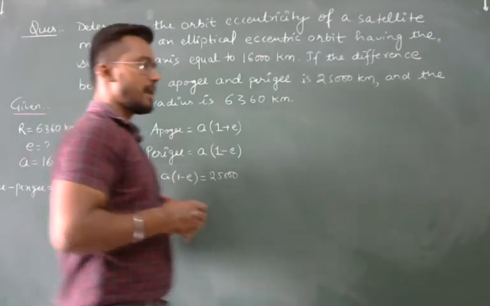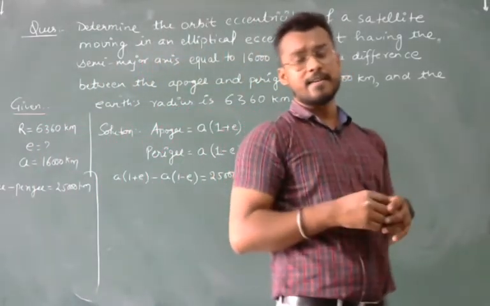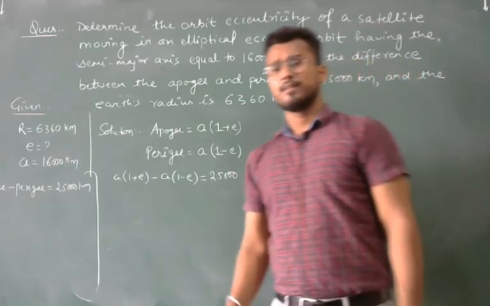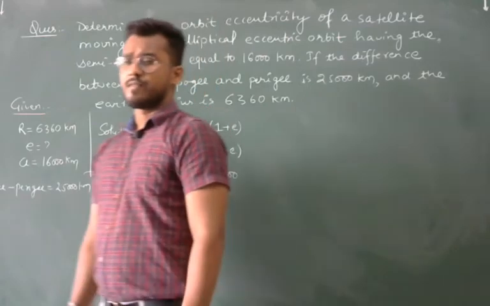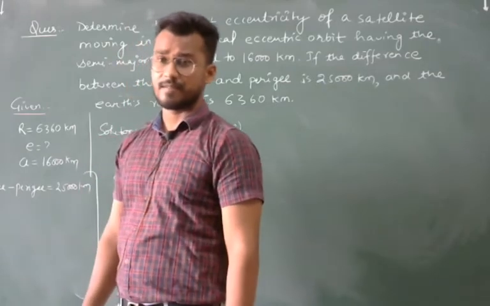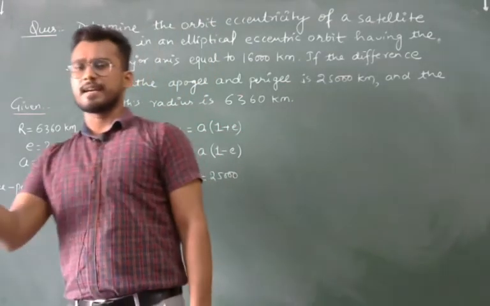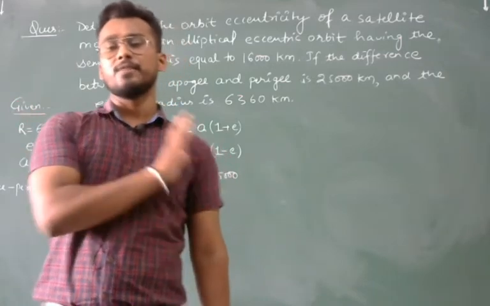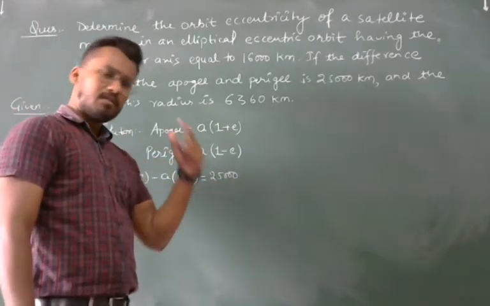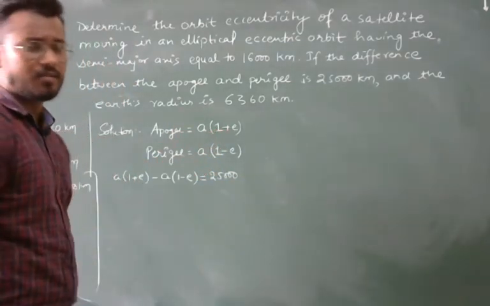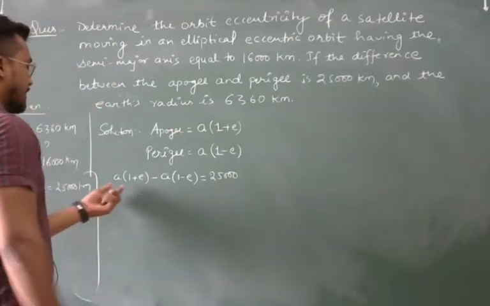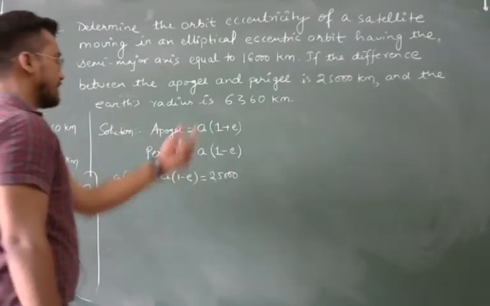One thing you can note in your mind: whenever eccentricity is being asked, generally we need not convert the kilometer into meter or something like that. Generally we take kilometer as a standard unit when we have to find E, so need not worry about changing it. In the last step maybe we will convert it, but before that we are not going to. So A(1 plus E) minus A(1 minus E) is this much.